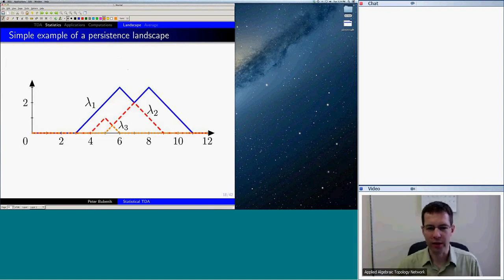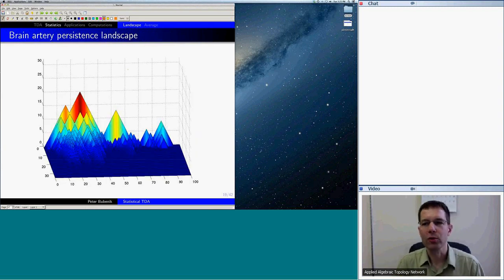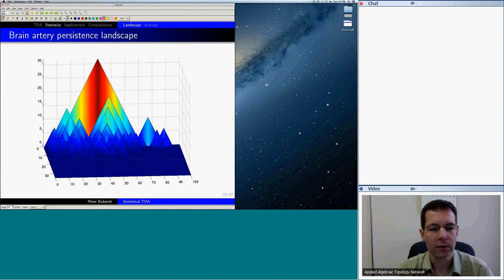All right, sure, look at that. I like the 3D view of the same function, which looks nicer. So going to our brain arteries, this is what our persistence landscape looked like for a few of the subjects.